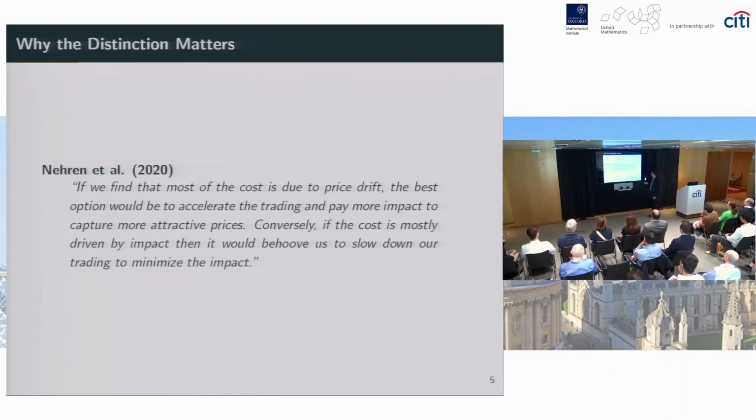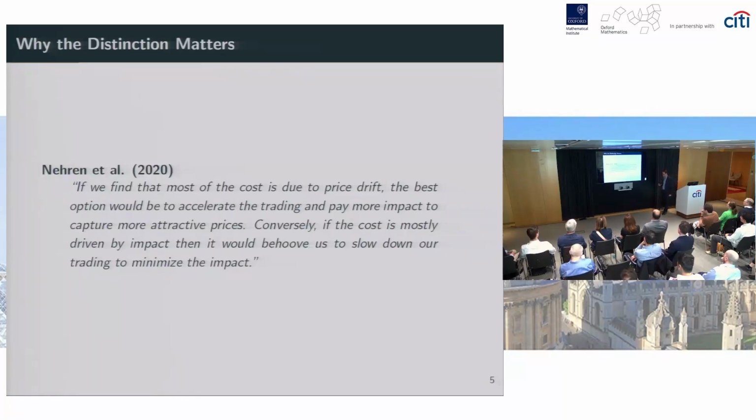In the same paragraph, Daniel explains it, I think, more eloquently than me. If we find that most of the cost is due to price drift, aka alpha, the best option would be to accelerate the trading and pay more impact to capture more attractive prices. Conversely, if the cost is mostly driven by impact, then it would behoove us to slow down our trading to minimize the impact.